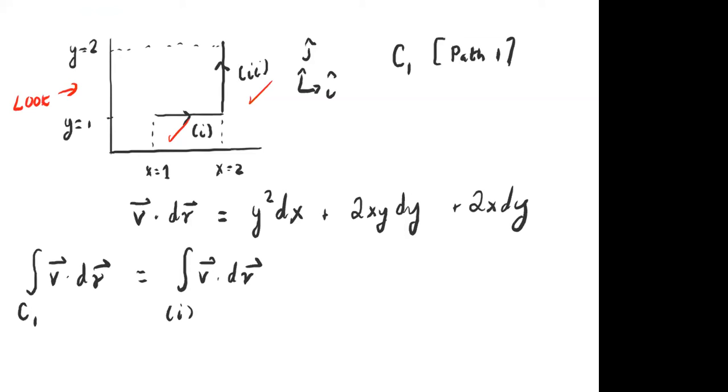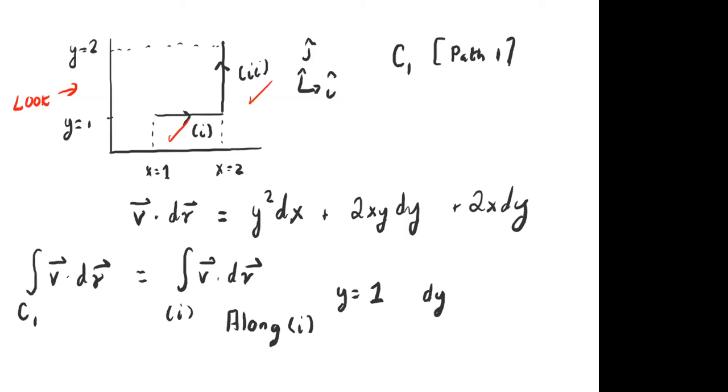So along I, starting from x equals 1, y equals 1, to x equals 2, y equals 1, I notice that along I, y is 1, but that's a constant.